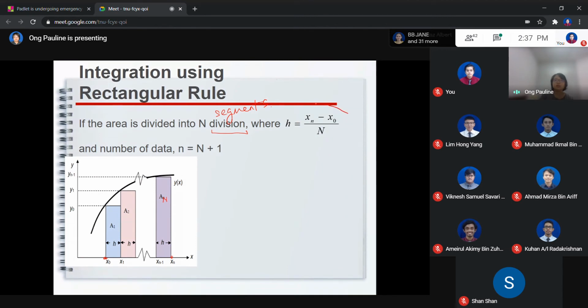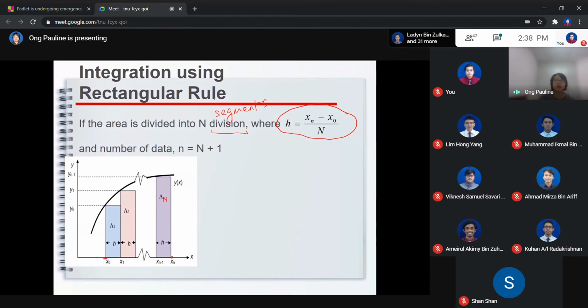So this is the equation that we use to calculate the width of the rectangle here. Choosing the number of divisions or number of segments here, we need to perform it in a very smart way. Right.